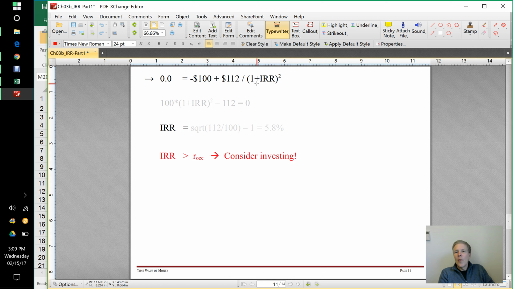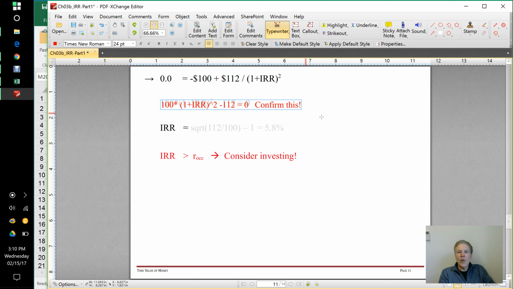Some of you will notice if we multiply both sides by (1 plus IRR) squared, we'll get something a lot simpler that looks like this: 100 times (1 plus IRR), the whole thing, squared, minus 112 equals 0. And you should definitely confirm this.